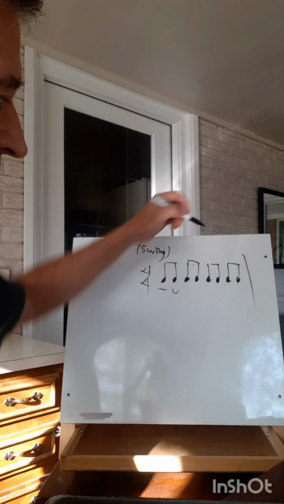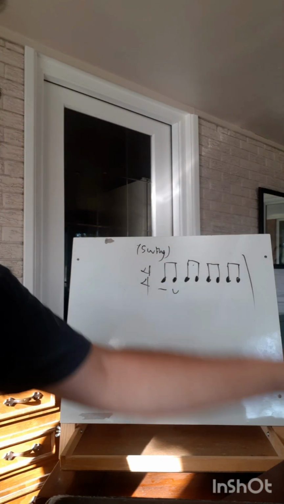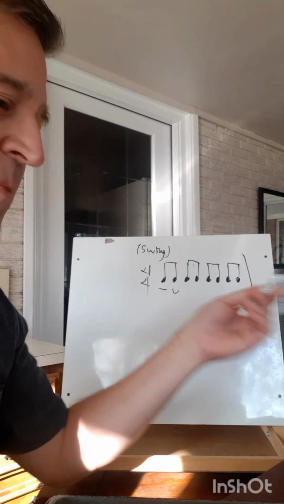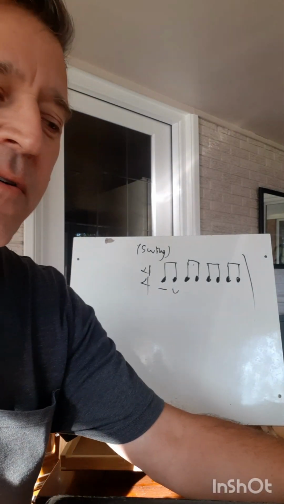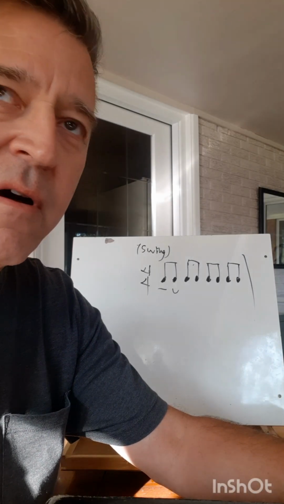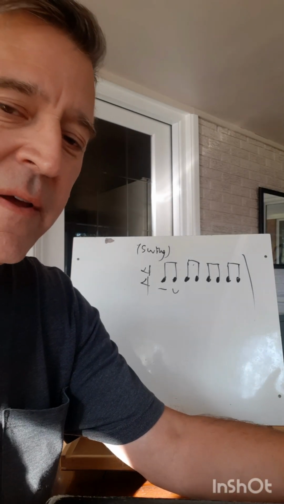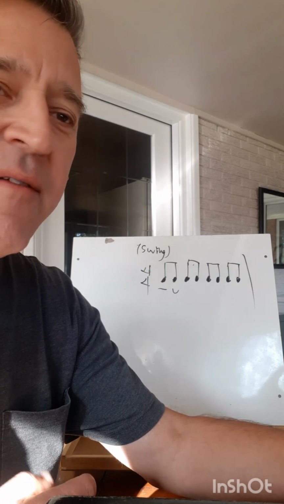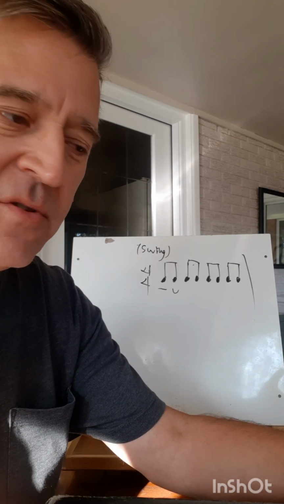And so in terms of notation, what I wanted to let you know is these are just dots on the page. I could go into a whole other talk about why it's important to have notation as a musician.